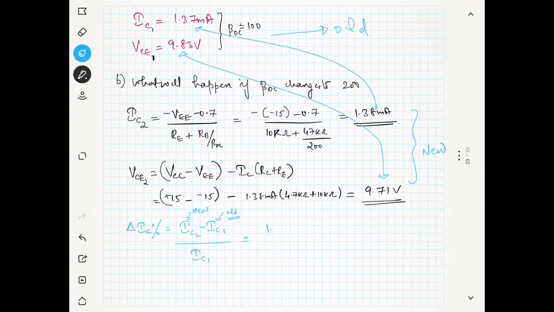So you will be getting 1.38 milliampere minus 1.37 milliampere over 1.37 milliampere, multiplied by 100 to convert into percentage. That means it is 0.730 percent. You see, it is less than 1 percent. That is, the biasing circuit is highly stable. Okay, that's why it is used in military applications.